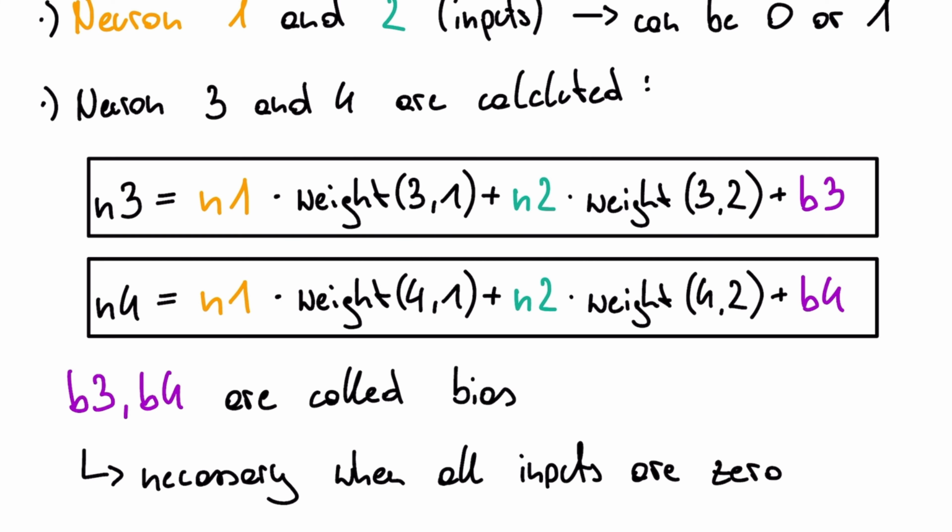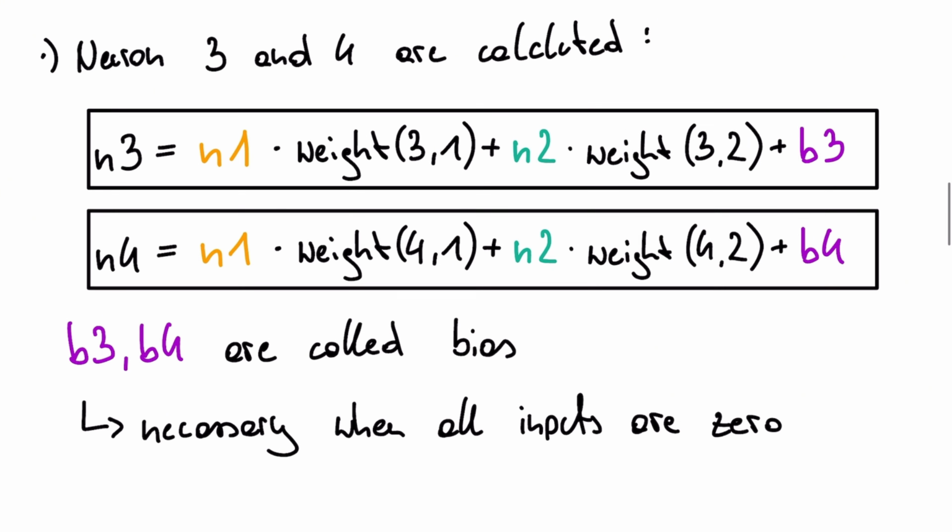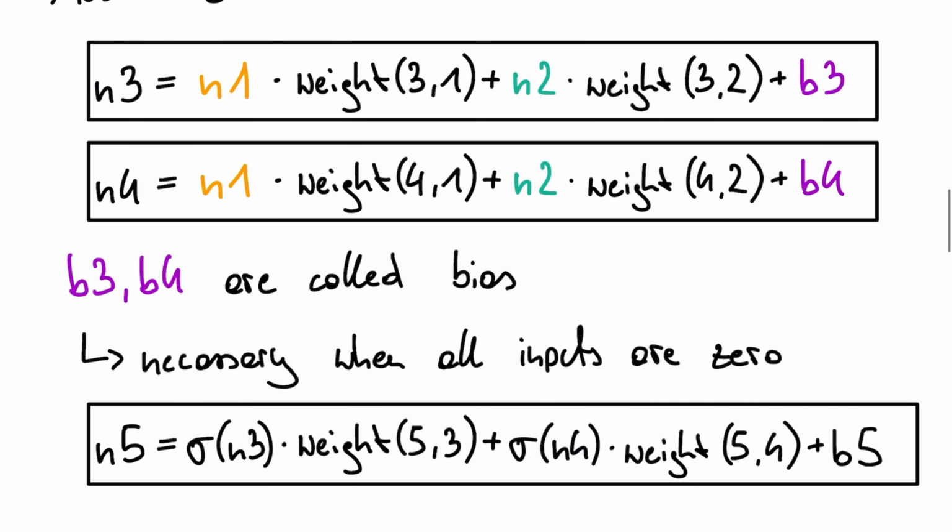If you want to understand this more intuitively, I recommend playing around with neural networks a bit. It becomes very clear why this bias is needed once you see how it affects the behavior of the network. Finally, let's look at the output neuron, which I call N5. In this case, the formula looks similar, but now we apply something called sigma, written as the Greek letter sigma, to the whole expression.